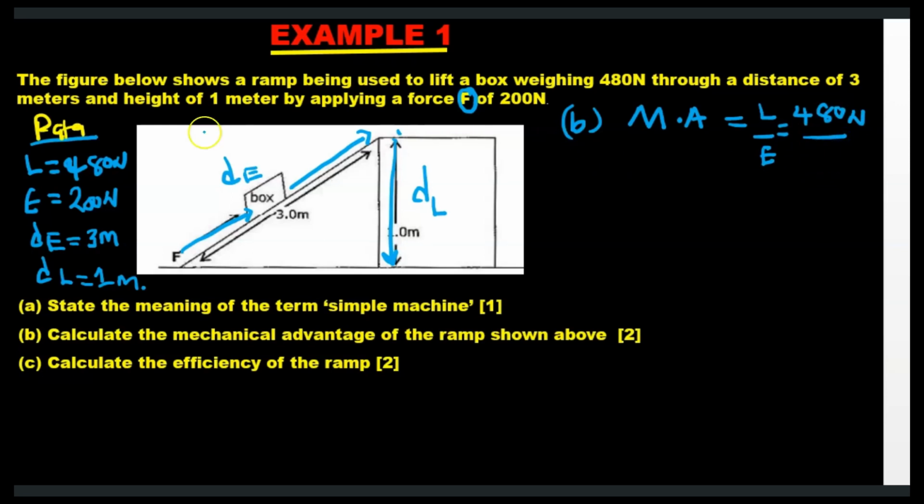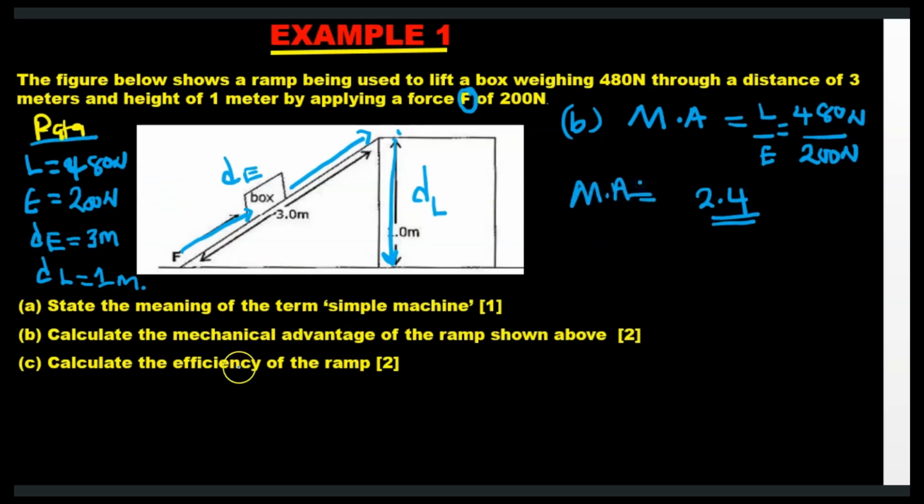Effort, we said, is the force being applied, which is 200 Newton. If you divide 480 by 200, the answer is 2.4. Ratios do not have units, so the answer is simply 2.4. That is our mechanical advantage here.